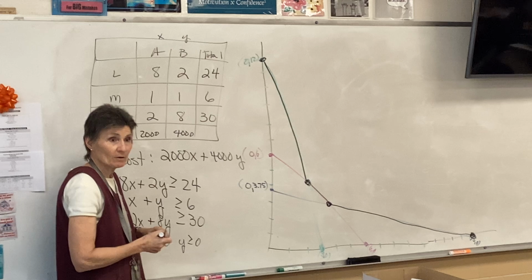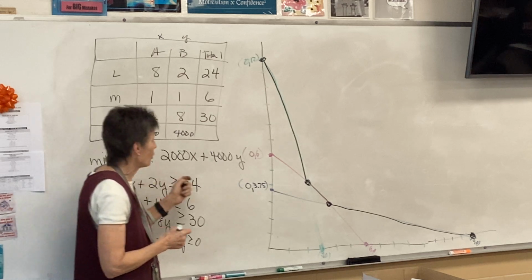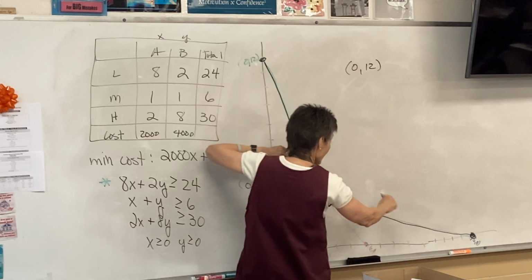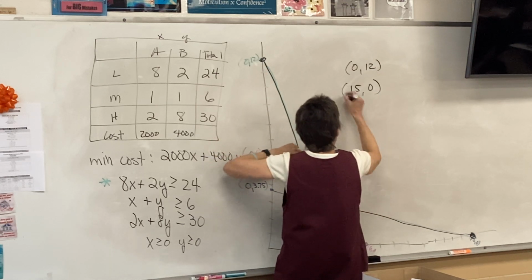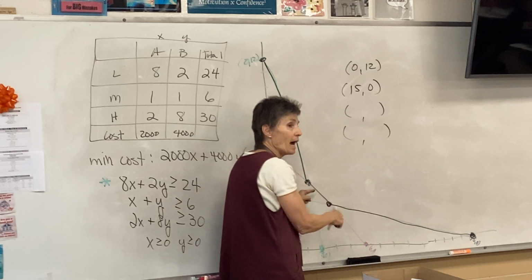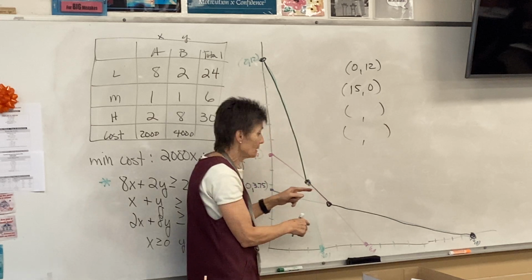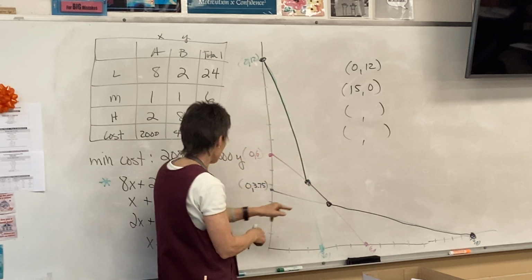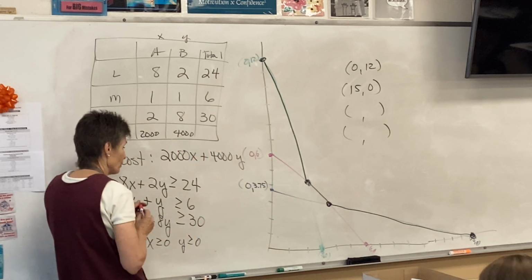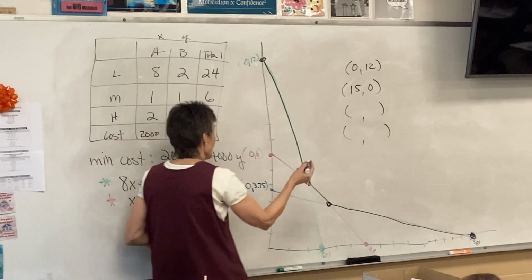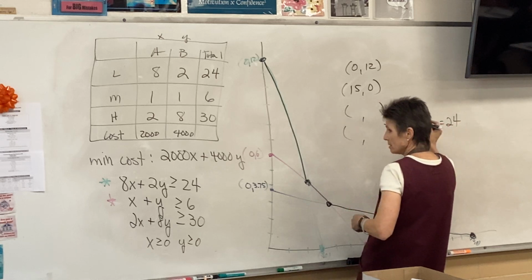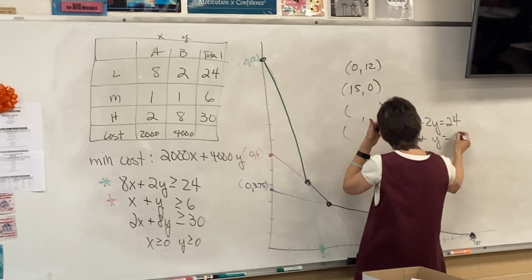So now we have to figure out where we're going to have the smallest cost. So we could have 0, 12. We could have 15, 0. Or we could have these 2 points, and I don't know what they are. This one is the intersection of pink and green, so 8x plus 2y equals 24, and x plus y equals 6.